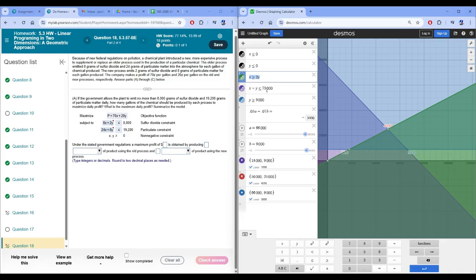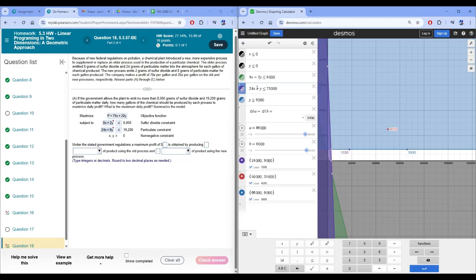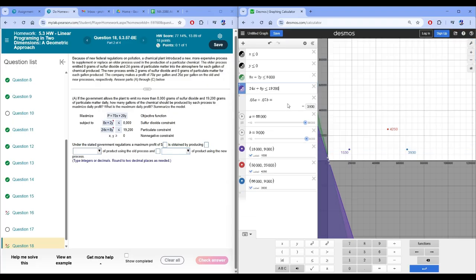I think this is just the same exact thing, right guys? So this is going to be 8x plus 2y is less than or equal to 8,000, and then 24x plus 8y is less than 19,200. Right, 19,200, and I don't need this constraint anymore.